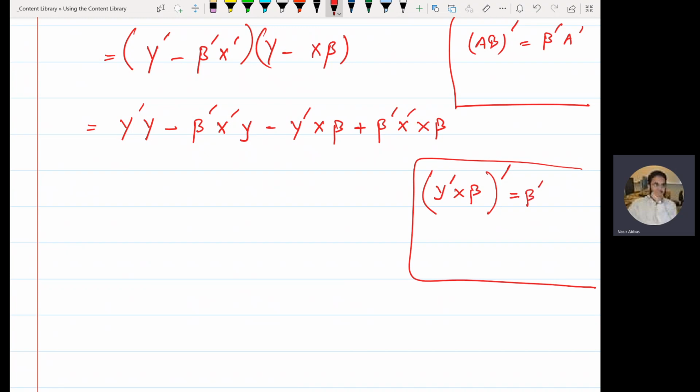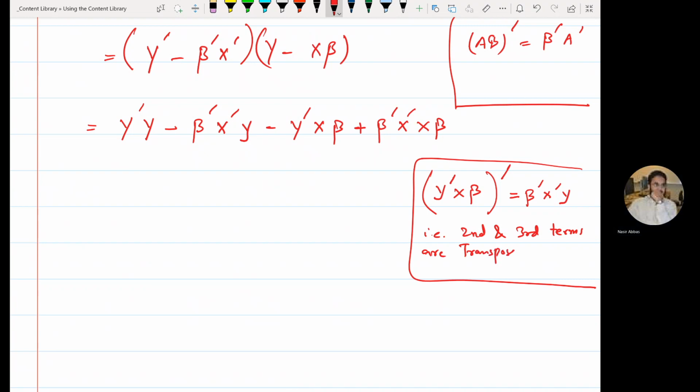It'll be beta transpose, x transpose, y. Is it the second term? Which means that the second and third terms are transposes of each other. True?